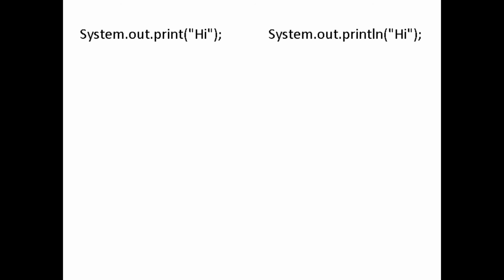Let's do a quick review. The print and println functions can both be used to print out text or variable values, while println always creates a line break after printing. We learned 3 variable types, 2 primitive ones, int and double, and 1 object type, string. All variables are declared and initialized like so.